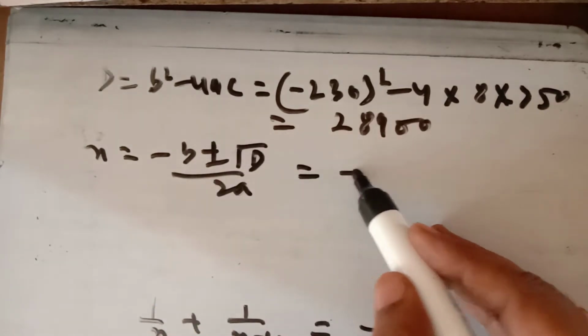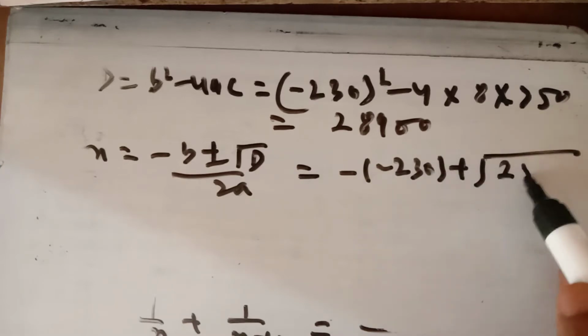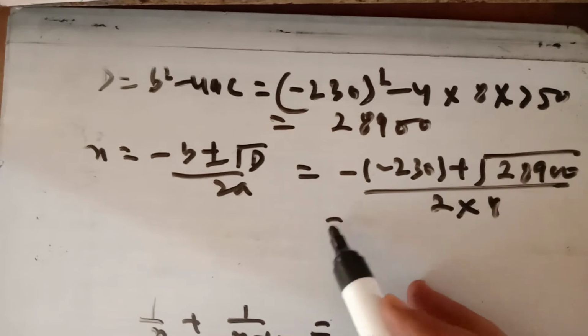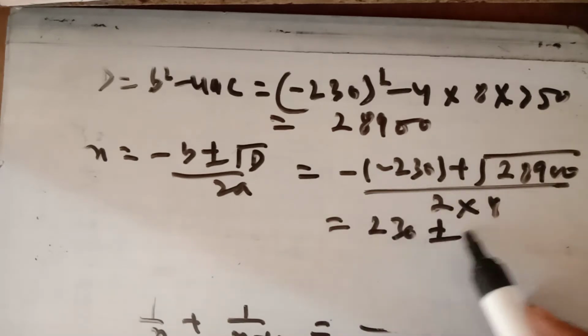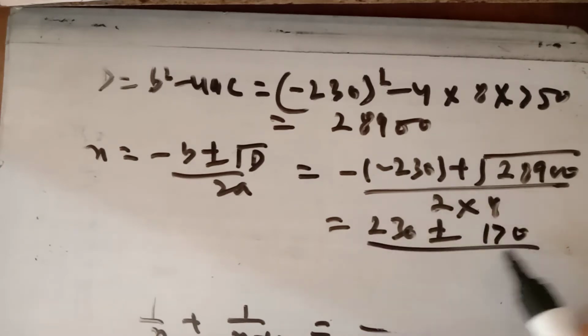So it is 230 plus minus root 28900 upon 2 into 8, and the square root of 28900 will be 170. Take your own time to solve this. 289 is the square of 17.